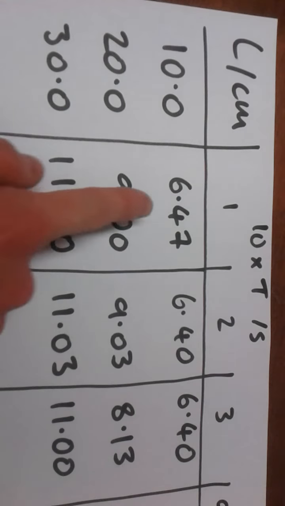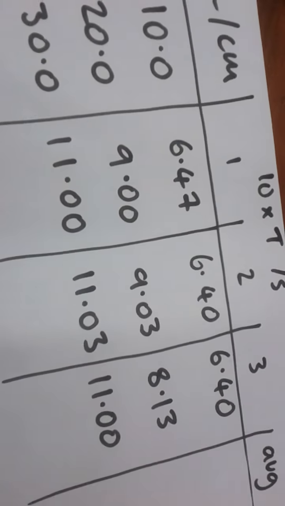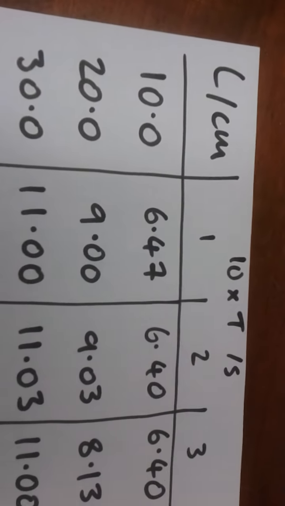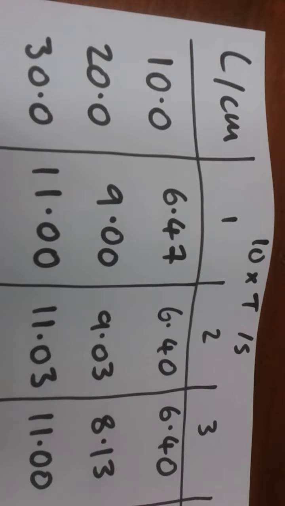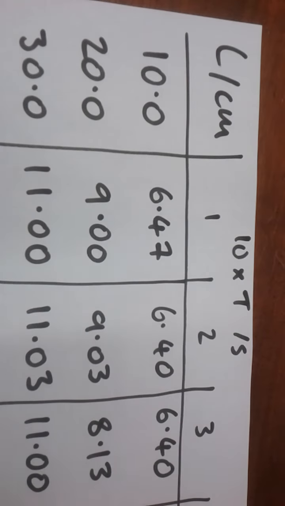And you can see for each of the times I've done it, I haven't necessarily ended up with the same answer, which means that I'm obviously not achieving the true value, because if I was achieving the true value every time, I would have the same answer every time, and I don't. So I've got some sort of error or uncertainty in my measurement of the time.